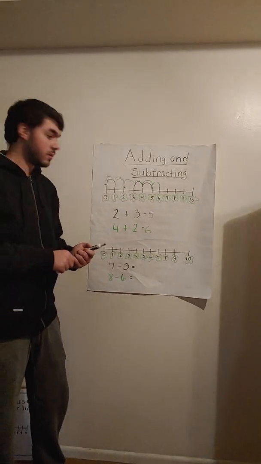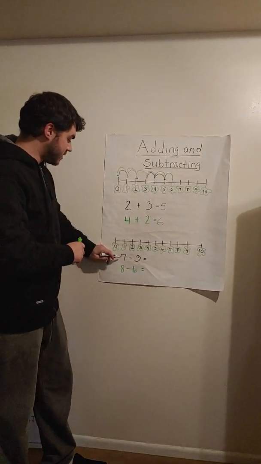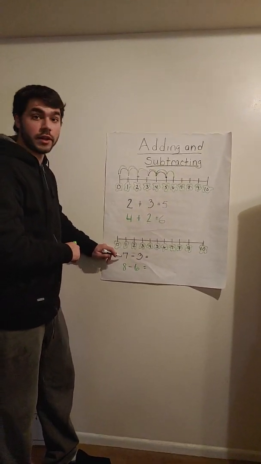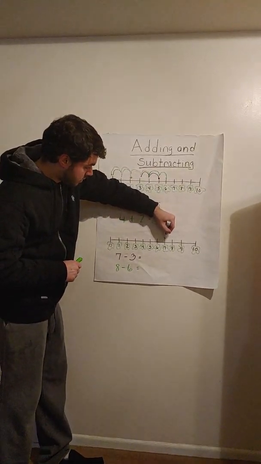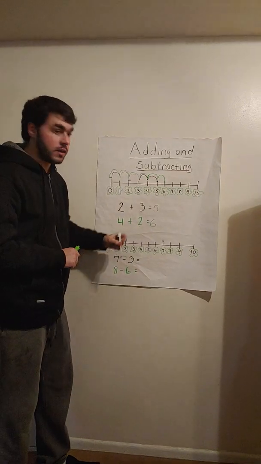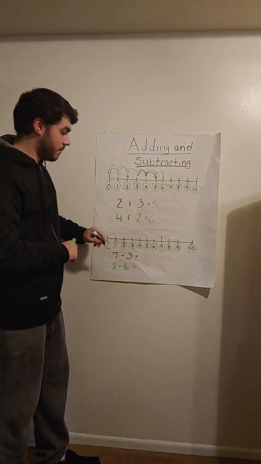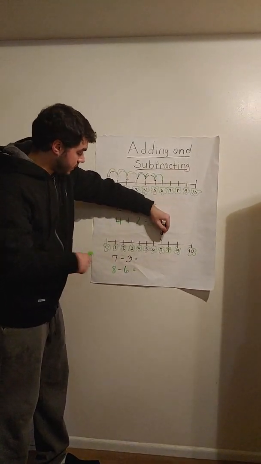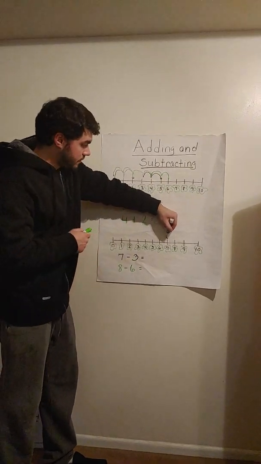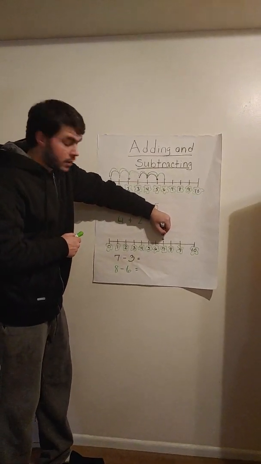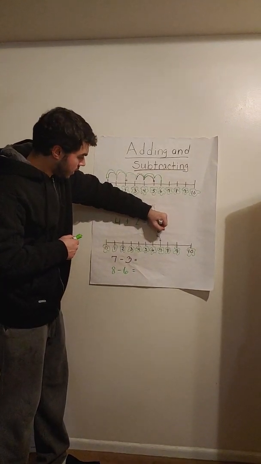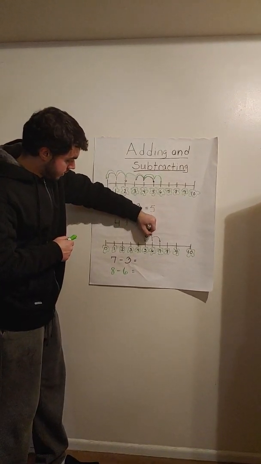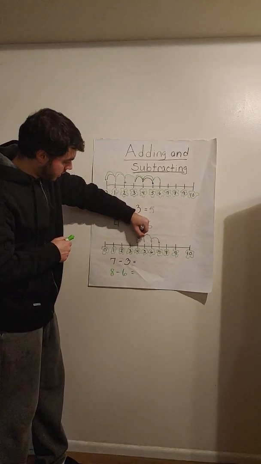Well, let's find out. So, since our starting number is 7, that means our frog is going to start on the 7th lily pad. And then we're going to hop by 3. So, let's take our frog and move back across the lily pads by 3. And a 1, and a 2, and a 3.